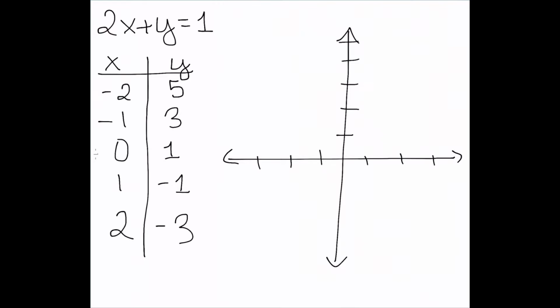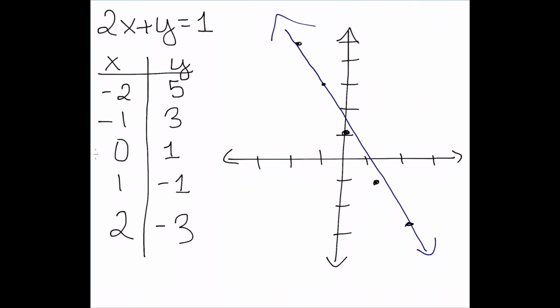We need to go over negative 2 and up 5, over negative 1 and up 3, over 0, up 1, over 1, down 1, and then over 2, down 3. Now that we have that, we just connect the dots. While my graph isn't perfect here, you do get the general idea.